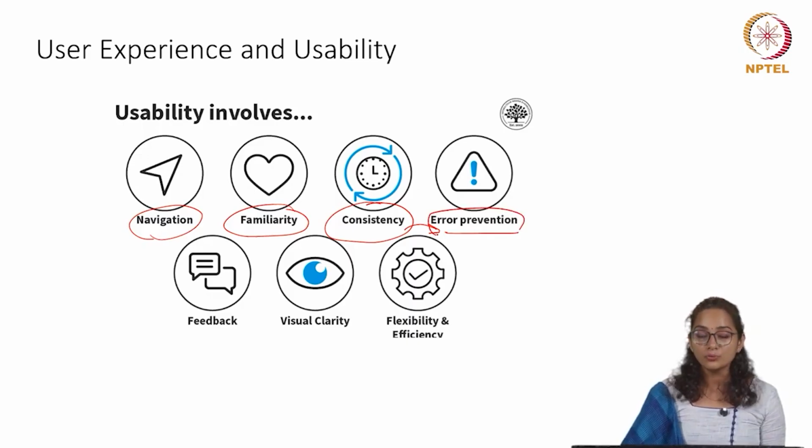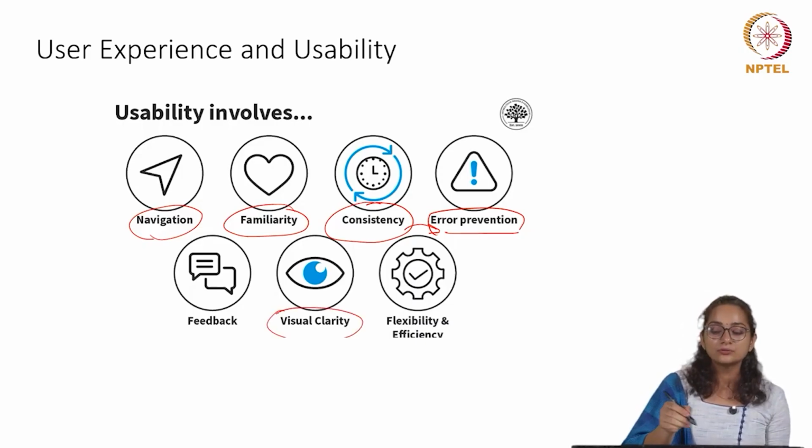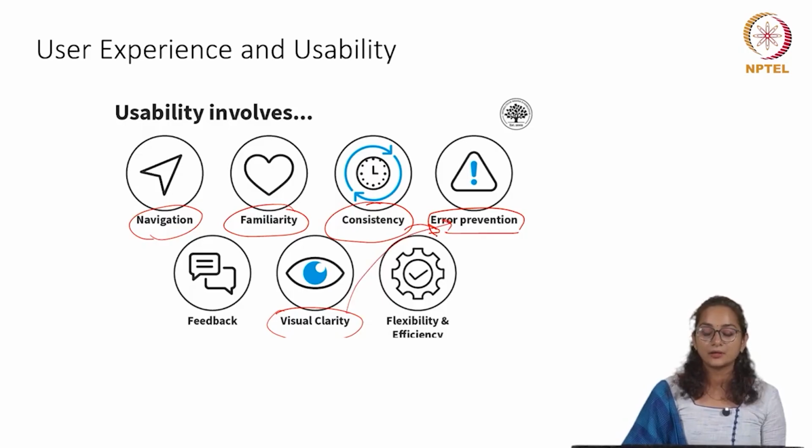If I understand the interface to the extent that I can predict what to do next or what would come next, it is likely that it would reduce errors. Also, the visual clarity, the layout, all of those also contribute to error prevention.